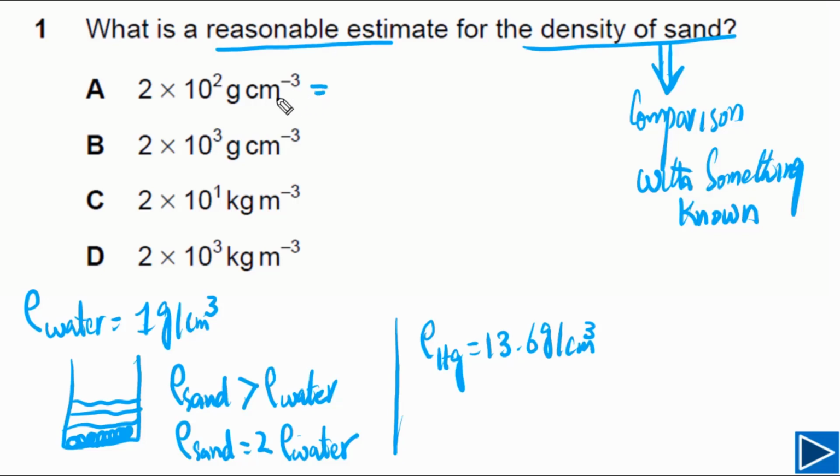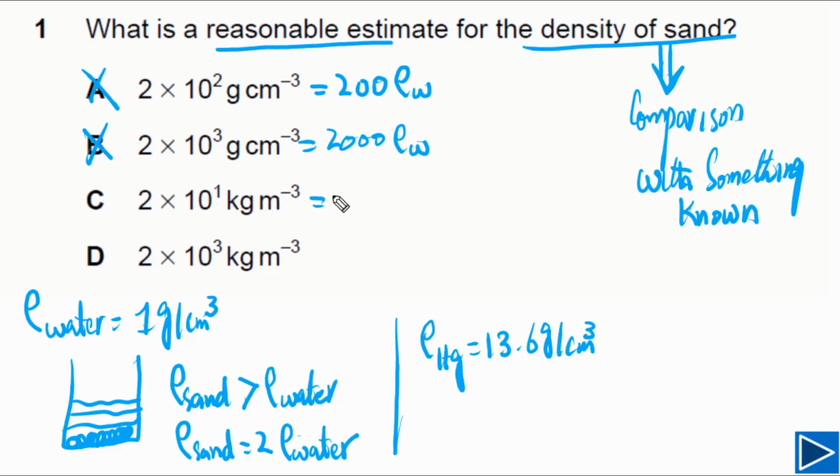First of all, if you look at the first option, this is telling us the density of sand is 200 times the density of water, so that is not a possible option because the density of mercury is only 13.6 times. If you go to the second option, this is 2000, so this is telling us the density of sand is 2000 times the density of water. That is also not possible. If we go to the next one, this is 20 kg per cubic meter.